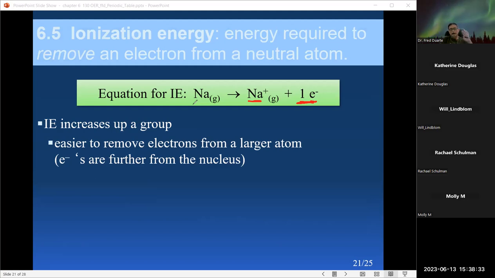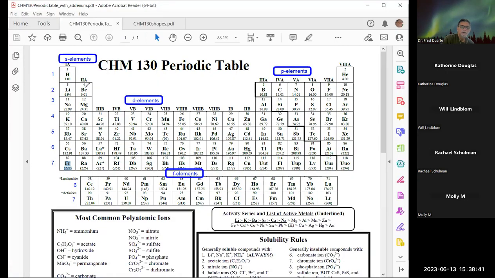Let me bring up the periodic table. If I look at the valence electron of lithium compared to, say, potassium, notice that lithium's valence electron is in the second energy level, and potassium's valence electron is in the fourth energy level.